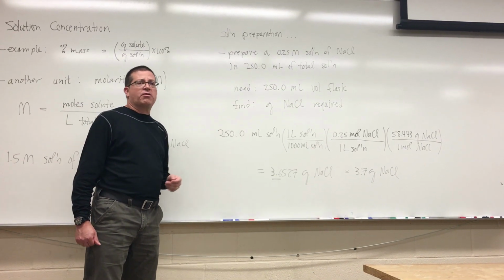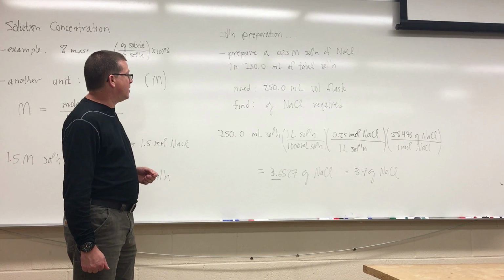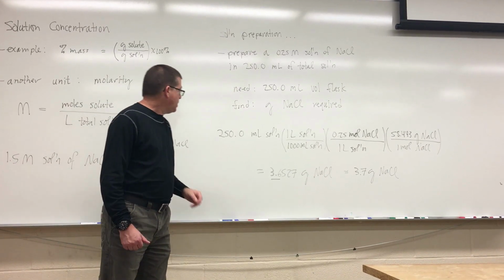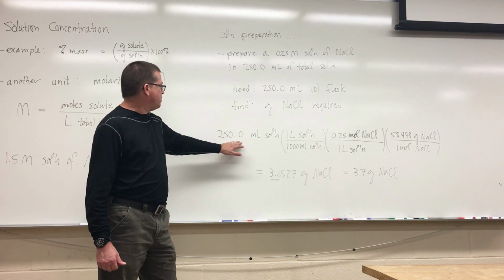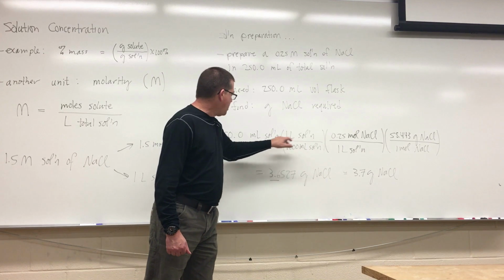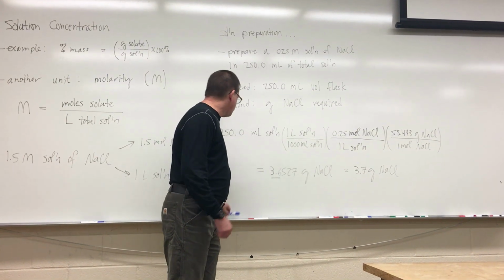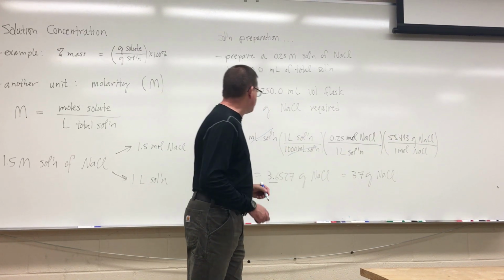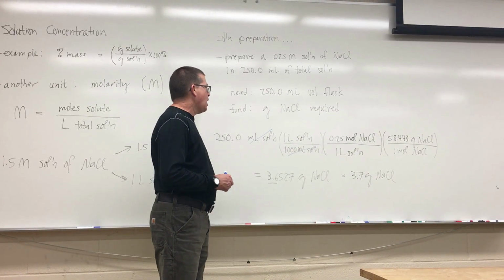Let's see if we can figure out how to determine the mass of NaCl that I need. It's just a dimensional analysis problem. I'm going to start with the 250 milliliters of solution as my given. I'm going to convert that from milliliters to liters, so we can track our units as we go. Milliliters of solution will cancel with milliliters of solution.